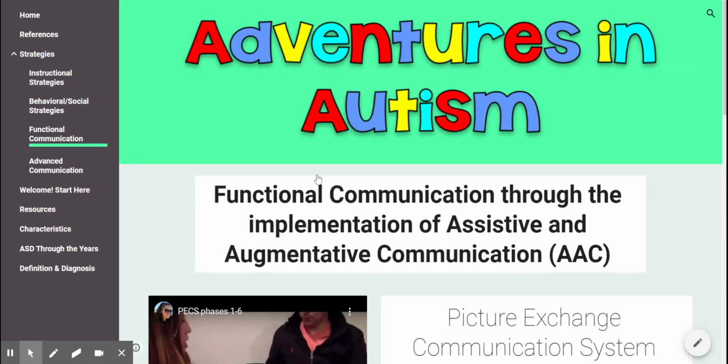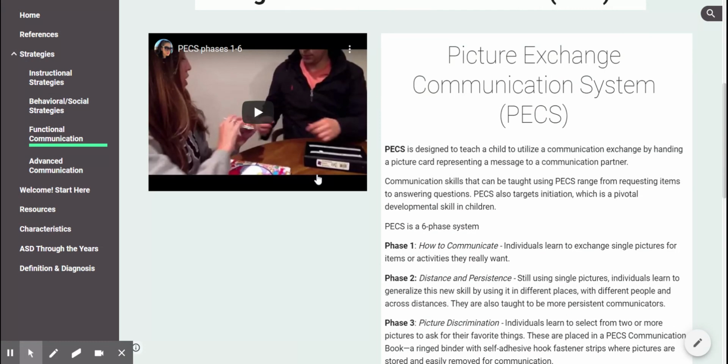And then over here, there are some functional communication tools that can be used to teach students on the spectrum how to communicate functionally. The picture exchange communication system is big when working with students on the spectrum, as they naturally perceive visual information with a higher understanding than they do auditory information.